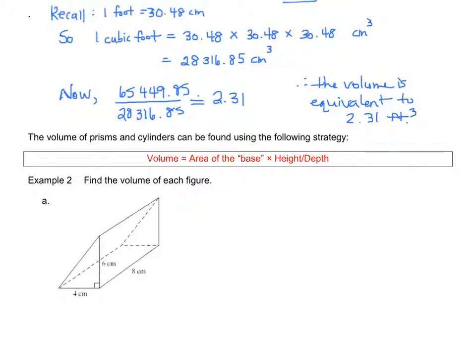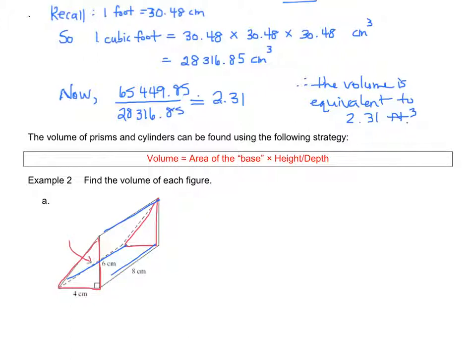That's what makes the shape a prism, the fact that you've got two polygons, meaning these two triangles, connected by rectangles. So when we talk about the area of the base, it's actually one of the polygons on the end that we're talking about.